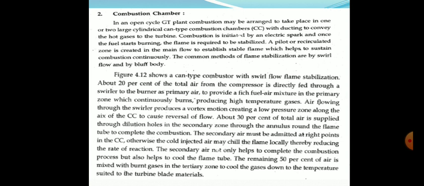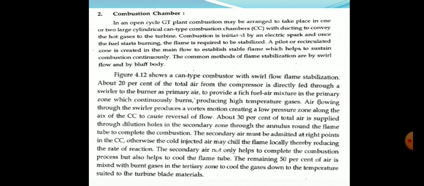A pilot or recirculation zone is created in the main flow to establish a stable flame, which helps to sustain combustion continuously. The common methods of flame stabilization are by swirl flow and by bluff body. The figure shows a can type combustor with swirl flow flame stabilization.